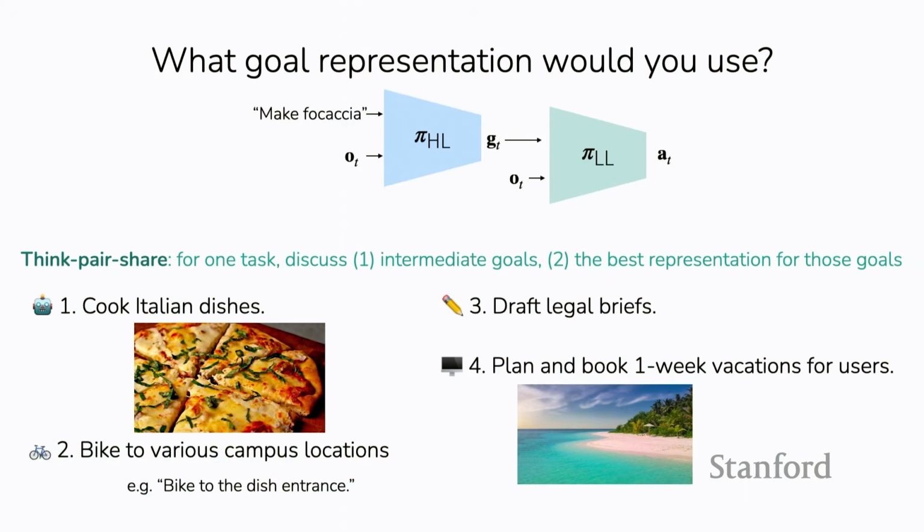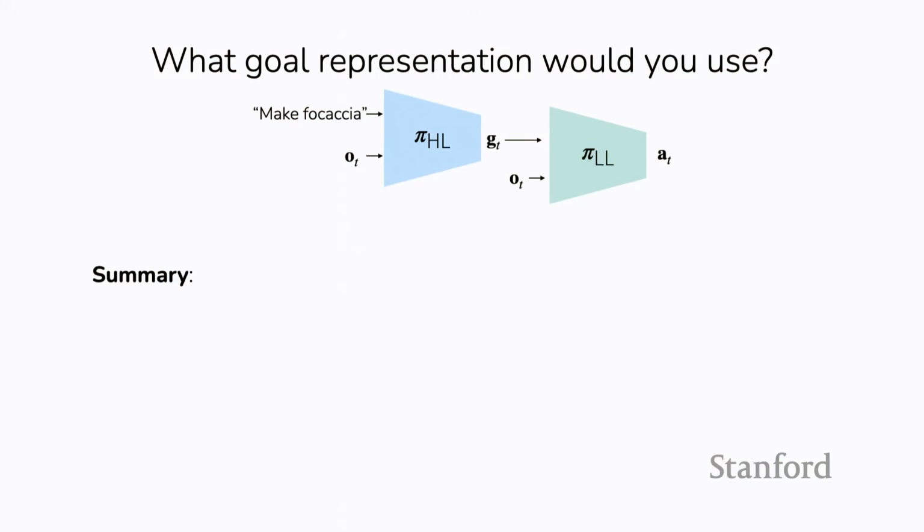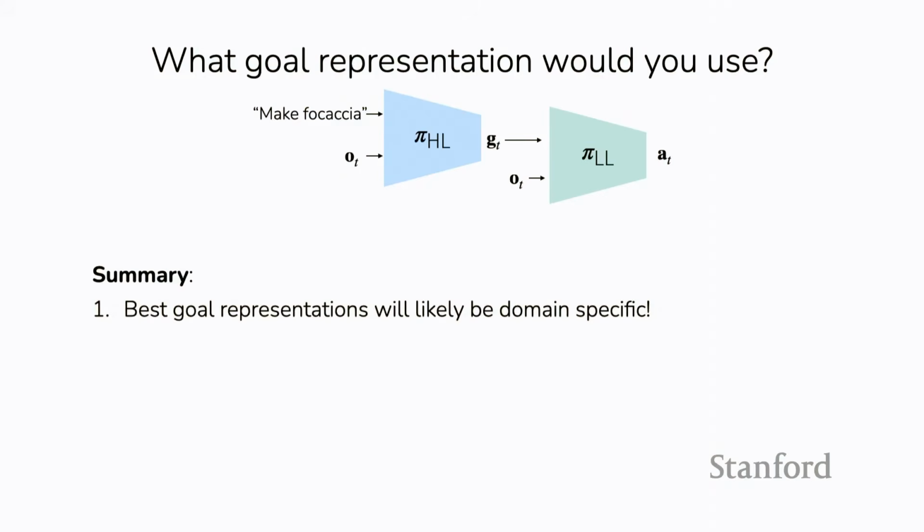So one of the things that I wanted to convey with this exercise is that oftentimes the goal representation that you pick likely depends on the particular domain or the particular problem. For example, for biking, it might be something like GPS coordinates, whereas for cooking, it might be language. For booking a vacation, it might also be in language.